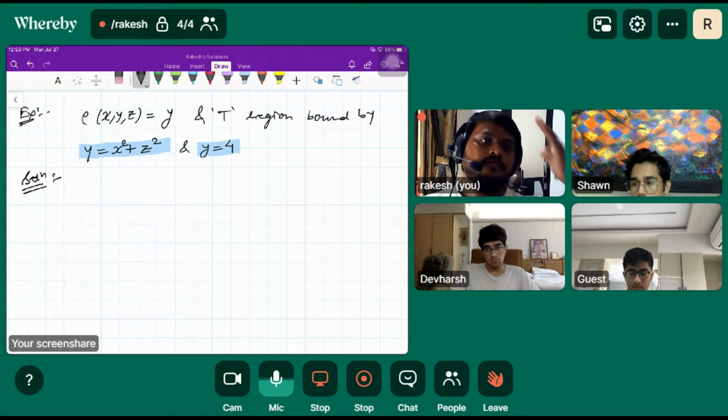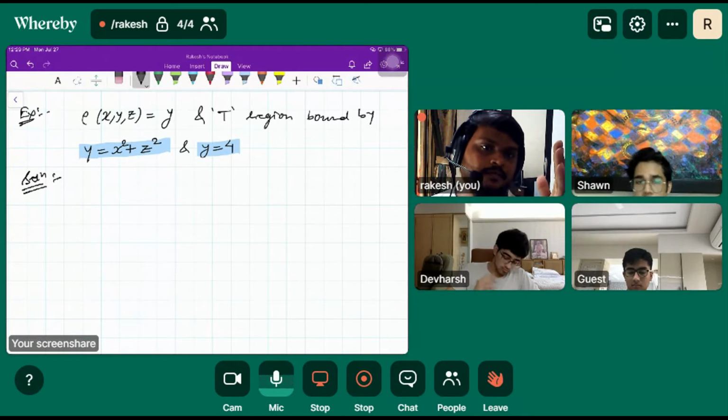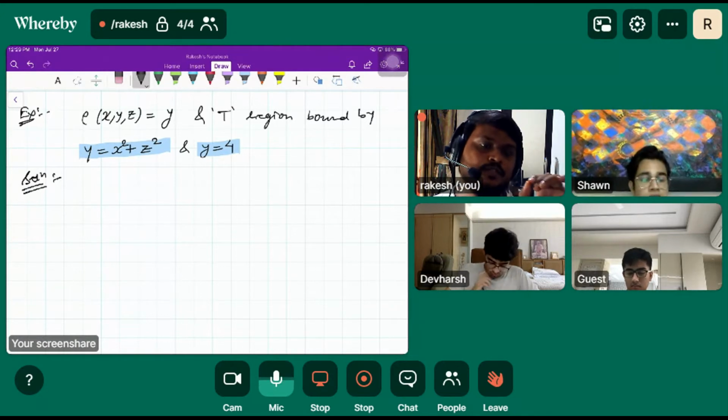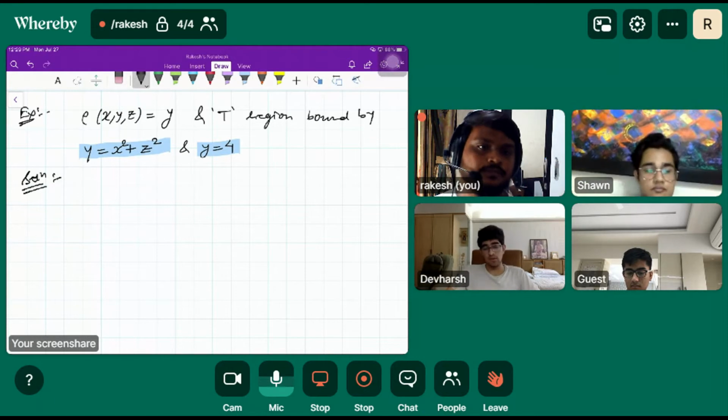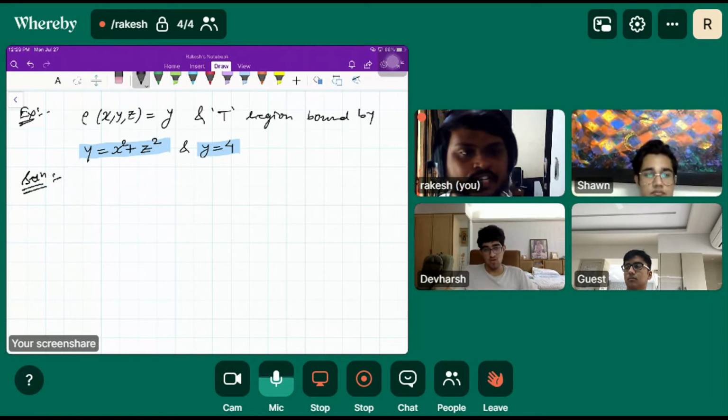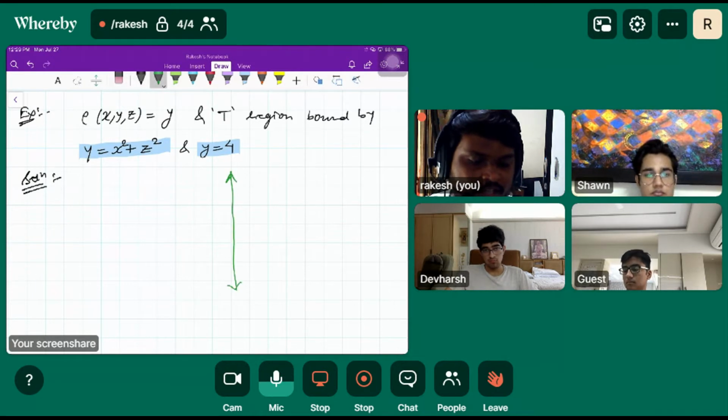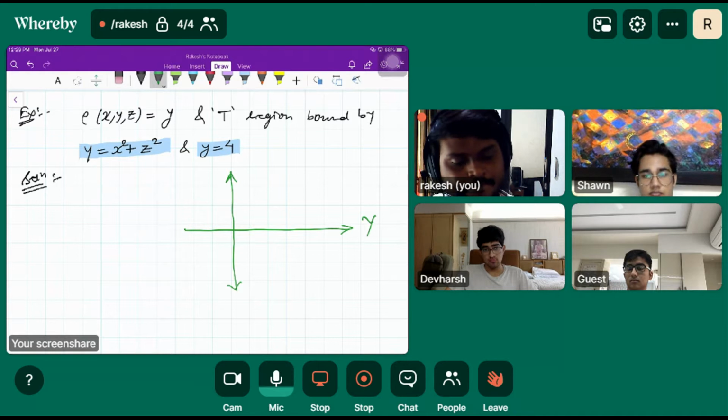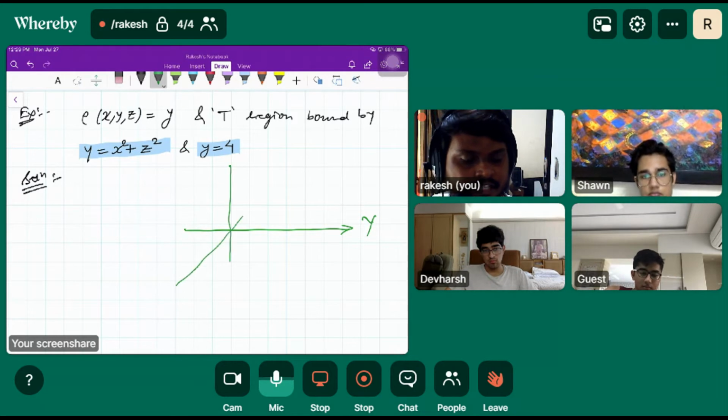We cut that paraboloid by a plane whose equation is y is equal to 4. I think you understood the region completely here. If I try to draw, this is your y, this is z, this is x.